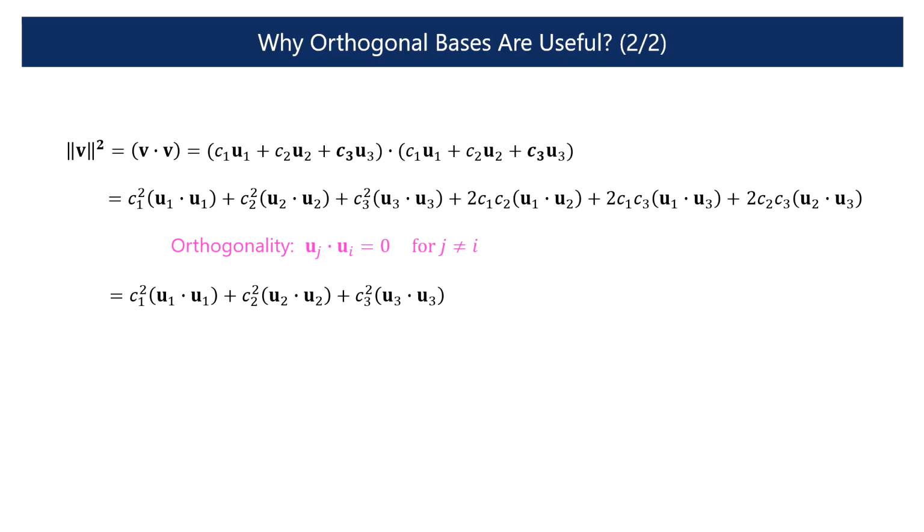So, the cross terms vanish, and we can simplify this expression in this way. If the basis is orthonormal, the inner product of each basis vector with itself is 1. So, if the basis is orthonormal, we can further simplify the expression.